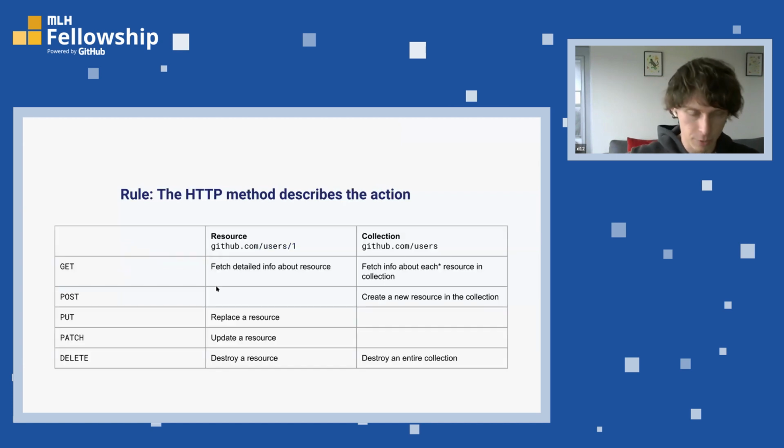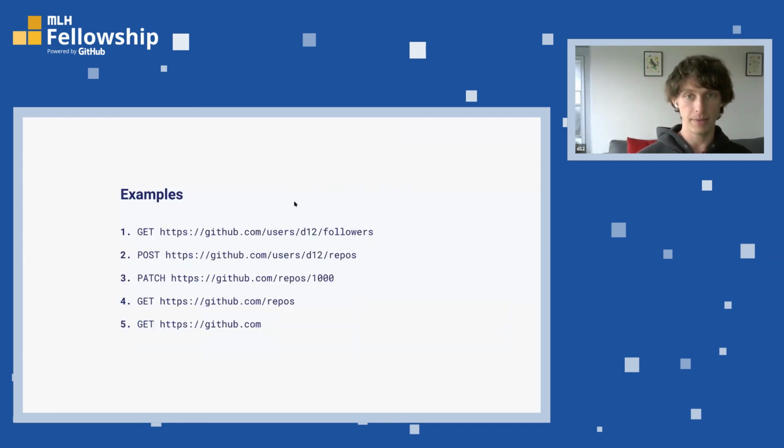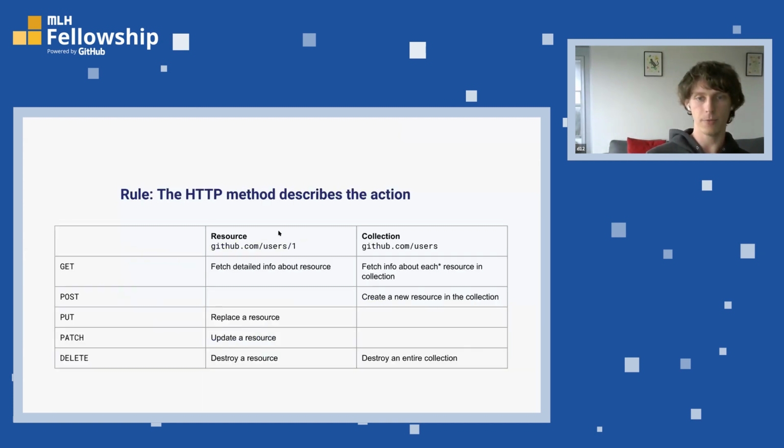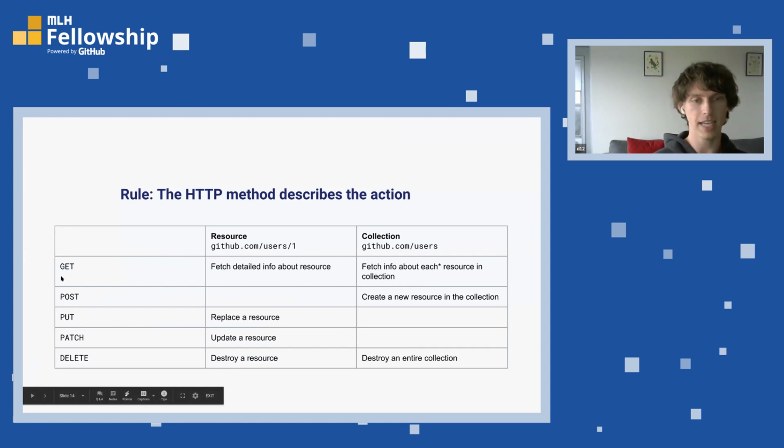And then the last rule that I'm going to talk about is how the HTTP method describes the action in REST. Depending on whether you're acting on a resource or a collection, your HTTP request will do a different thing. So sending GET requests is generally about fetching data, just like in HTTP in general. It's always about fetching data.